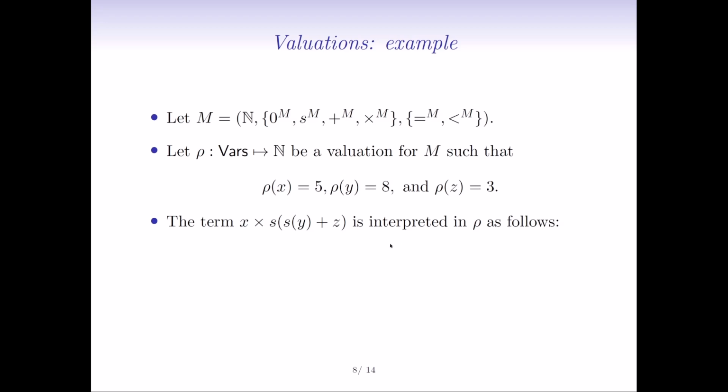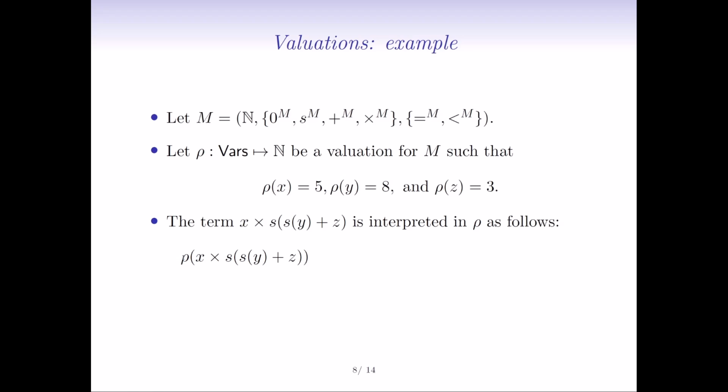So if I want to interpret that term in my valuation, well, in fact, the answer should not surprise you. All of these function symbols will get interpreted in the expected way, and we will end up replacing x by 5, y by 8, and z by 3.